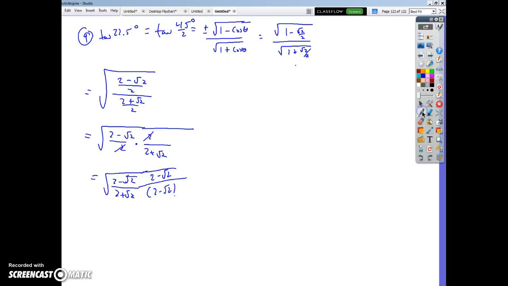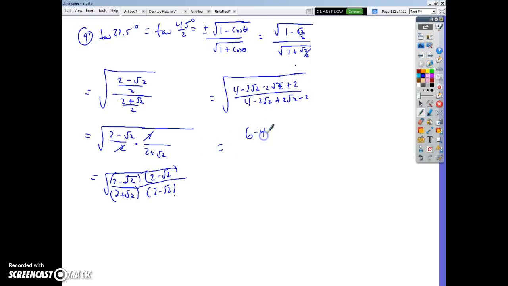So then I got the square root of 4 minus 2 root 2 minus 2 root 2 plus 2, all over 4 minus 2 root 2 plus 2 root 2 minus 2.